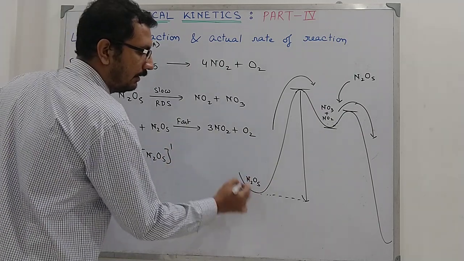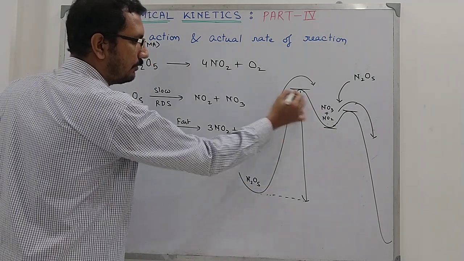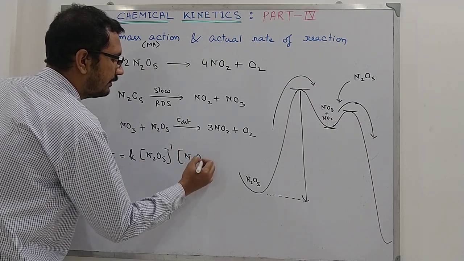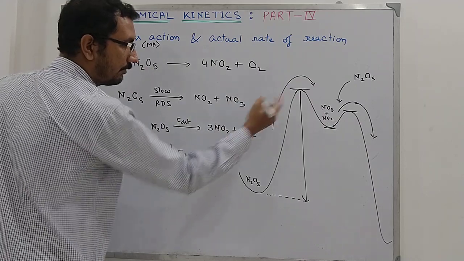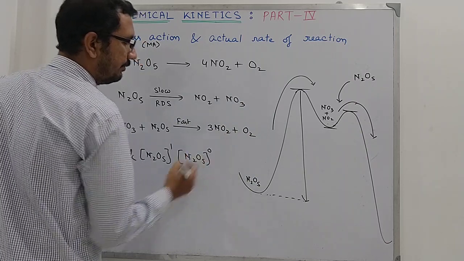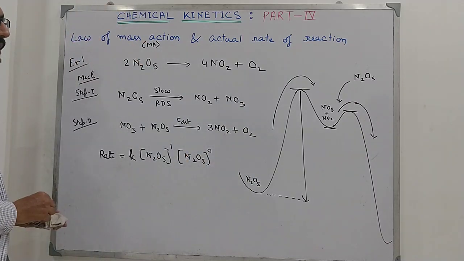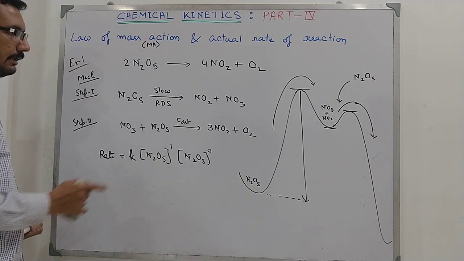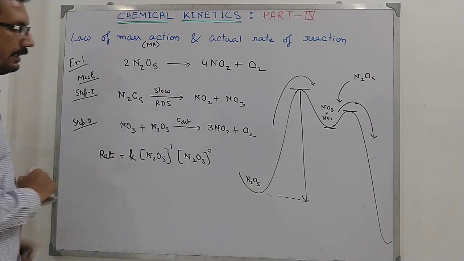It depends on the first molecule only, which has to cross a large barrier, but it is independent of the contribution of the second molecule, which crosses a very minimal barrier, and that is insignificant and has negligible contribution to the reaction rate.